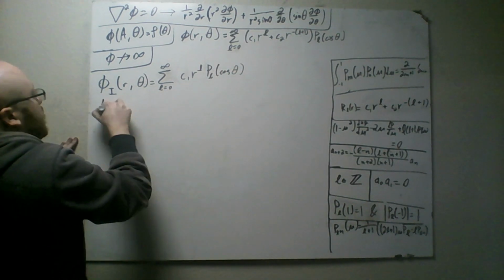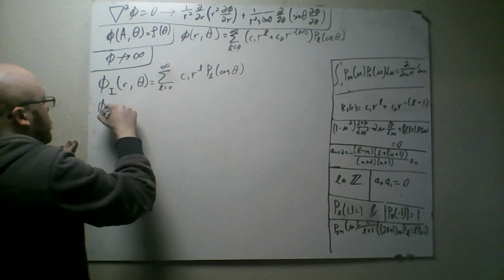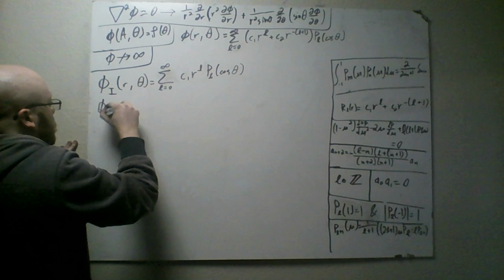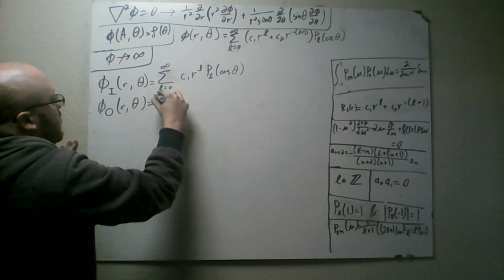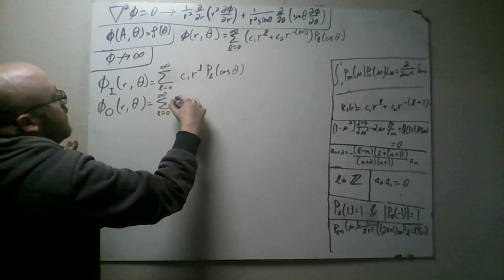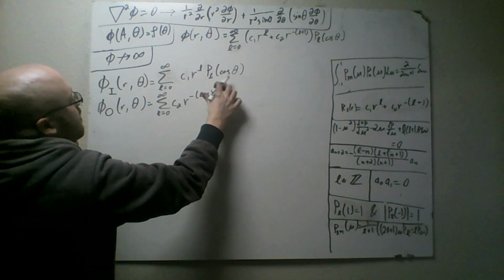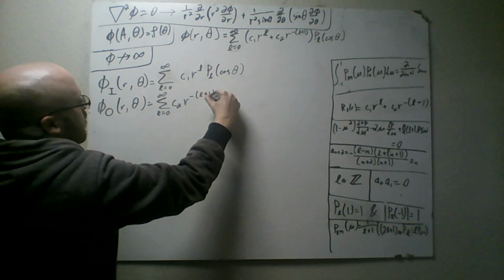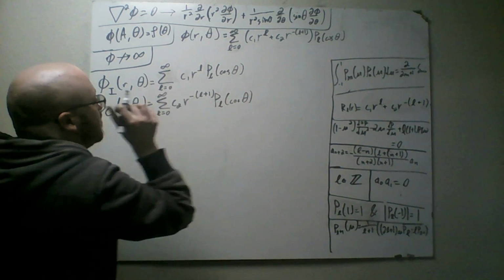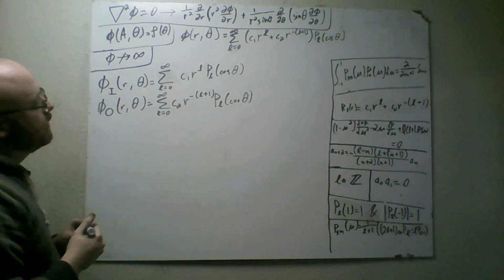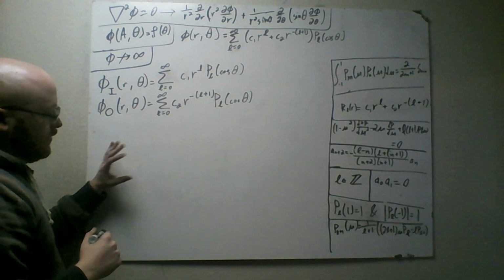Then phi outside the sphere, I don't want to call it phi 0, but just make sure it's always round, of r and theta, equals the sum from L equals 0 to infinity of C2 r to the negative L plus 1 times P L cosine theta. Okay. So it'll change suddenly inside the sphere.